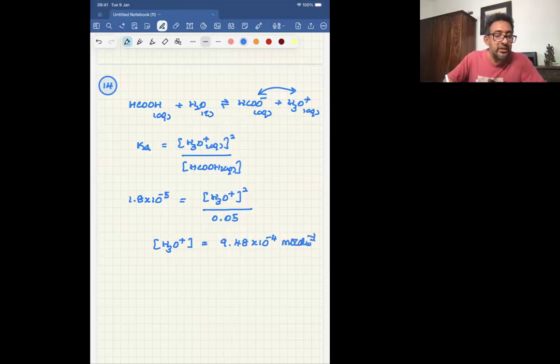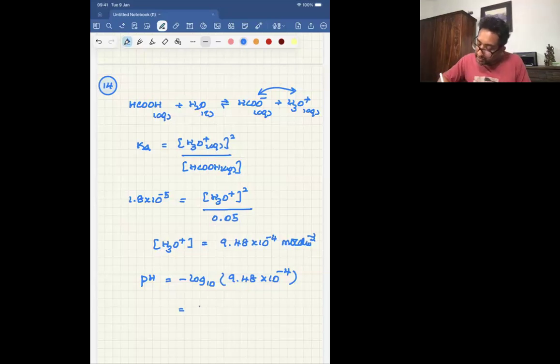So what is the pH? pH is equal to minus log10 of 9.48 × 10^-4. Get the log value of this: 3.022. 3.02.